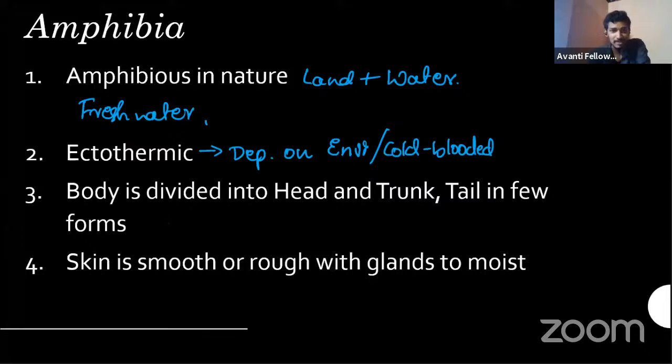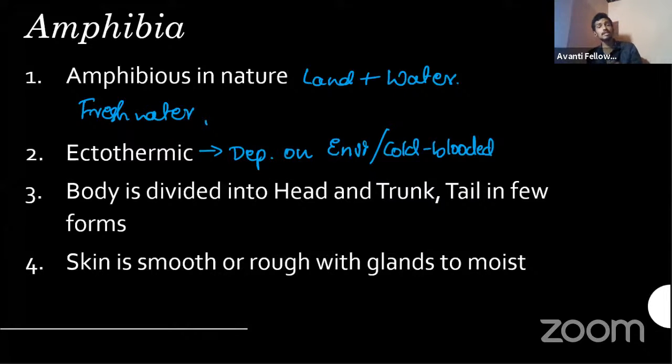Remember, the body is divided into head and trunk, and tail only in some forms. If I give you the example of the frog, you can only differentiate head and trunk. You can't differentiate neck, thorax, anything like that. But in some forms, like the salamander or Ichthyophis, you can also find the tail.